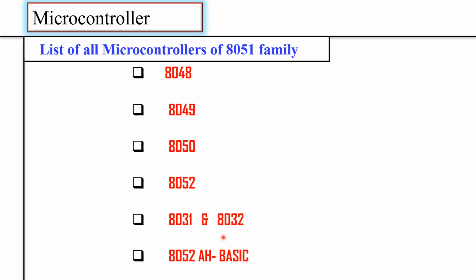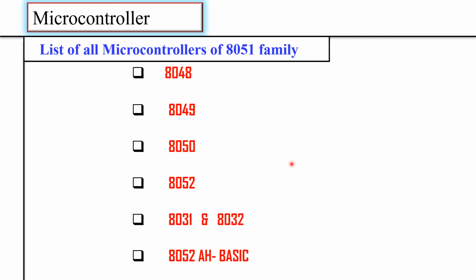So the programmer can write the instructions for this microcontroller in BASIC rather than in assembly language. Clear? So these are nothing but the list of microcontrollers of the 8051 family.